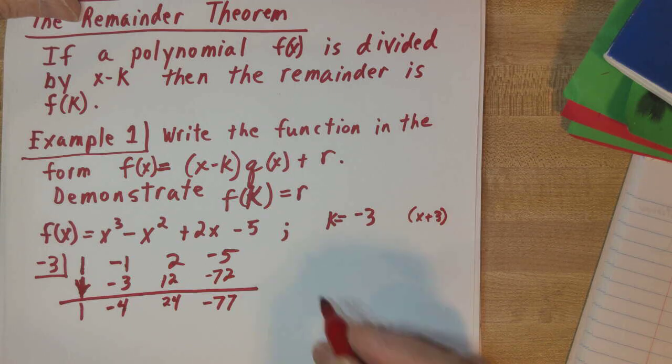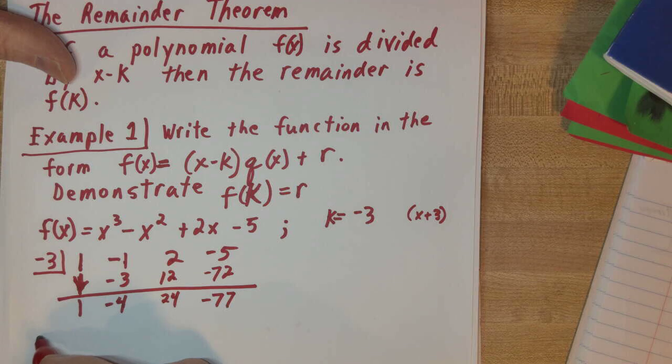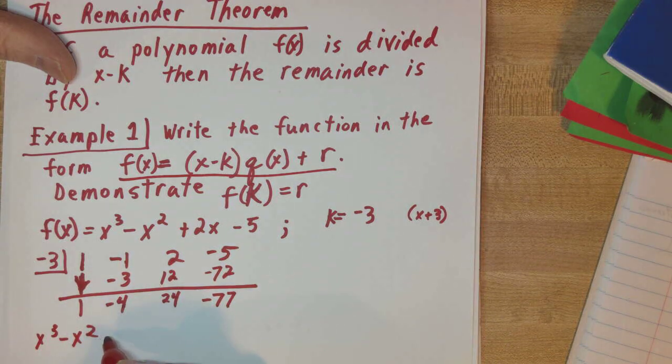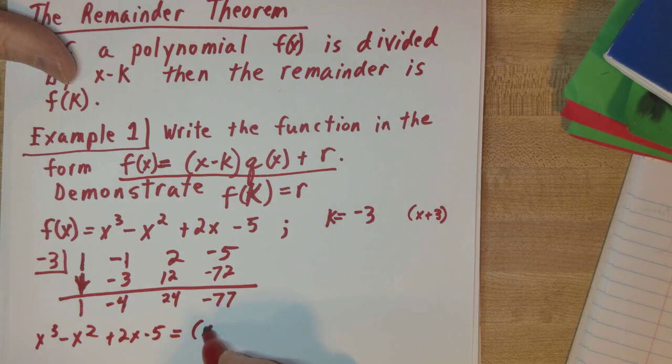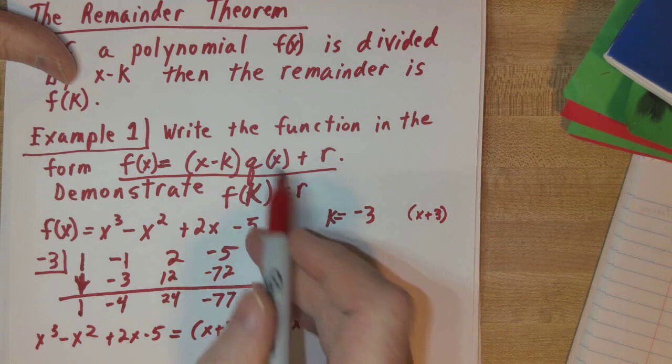But f of x, so what we're doing, f of x is x cubed minus x squared plus 2x minus 5, which should equal x plus 3 times x squared minus 4x plus 24, minus the remainder, 77.